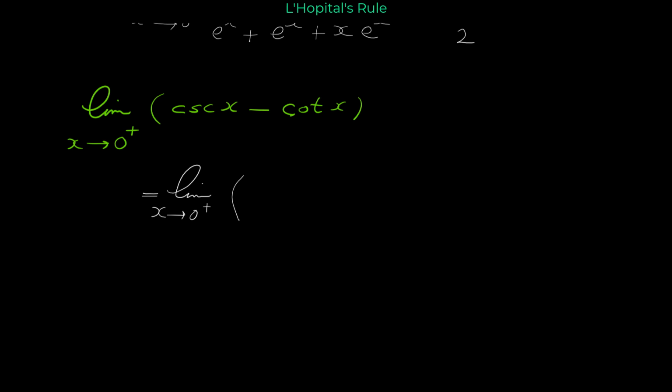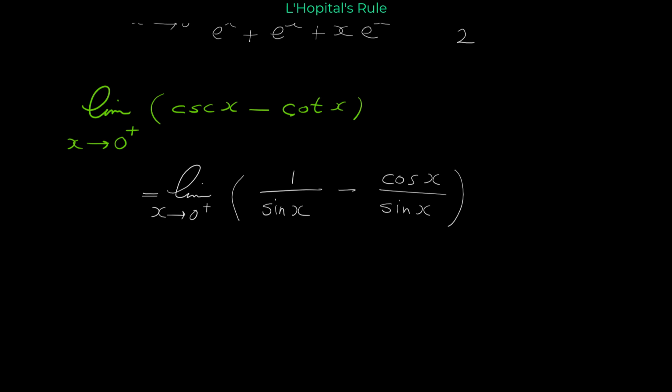For example, we know that the definition of cosecant of x is 1 over sine x, and also we know that cotangent of x is cosine x over sine x. This is the first thing that we have to do to find this limit.